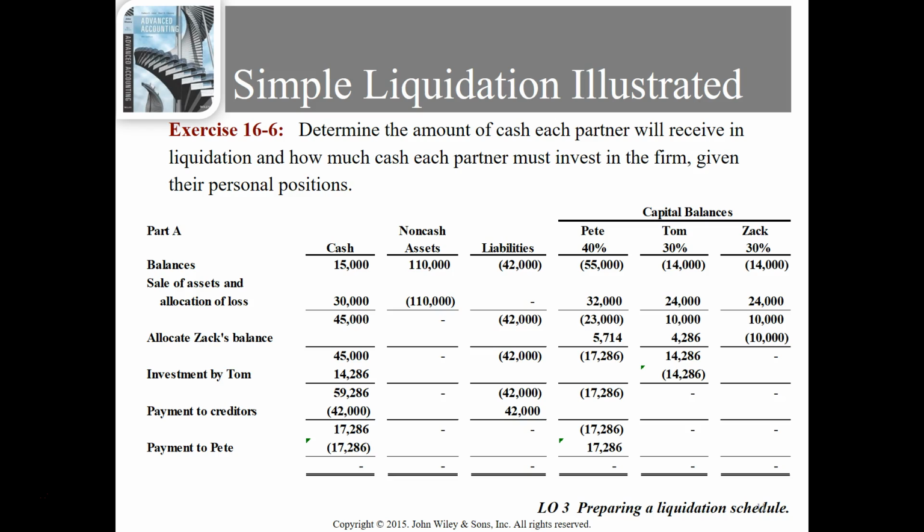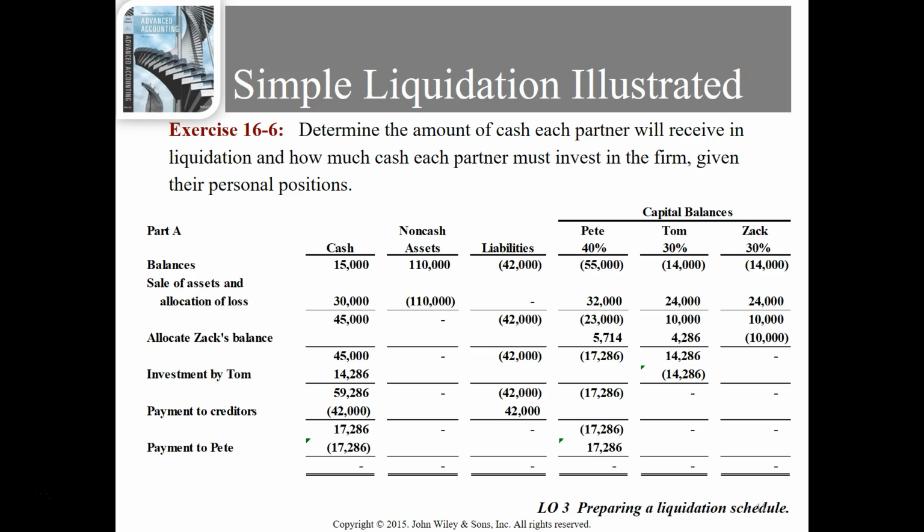Well, if I sold it for $30,000 and it was worth non-cash assets of $110,000, that basically means I've got about $80,000 of losses to allocate. So we have a loss of 80,000.